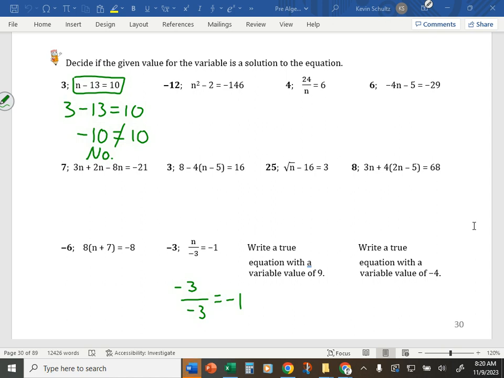The number you're testing is -3, so you're replacing the variable with that number, and you're asking yourself, does -3 divided by -3 equal -1? No, because a negative divided by a negative equals a positive. -3 divided by -3 is positive 1. A negative divided by a negative is a positive, and because 1 does not equal -1, then n cannot be -3.